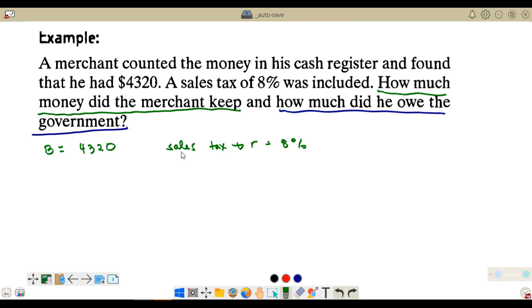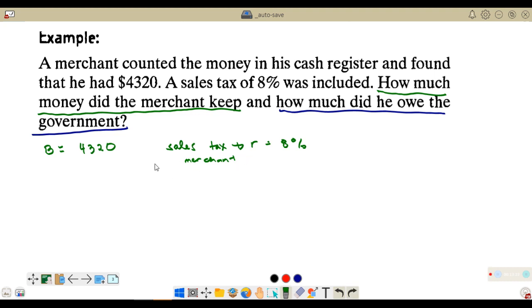So, yung tawagin natin siyang remains, or ano ba magandang tawag doon? Lagyan na lang natin dito, percentage ng natira kay merchant.